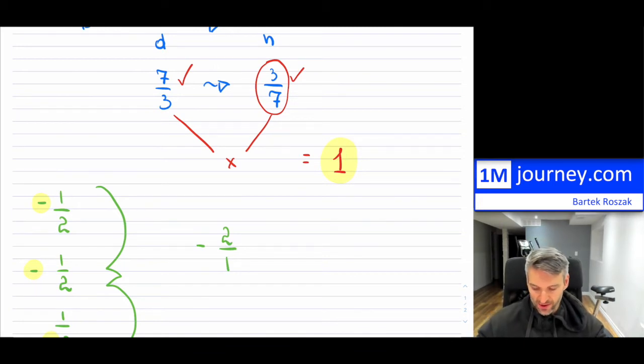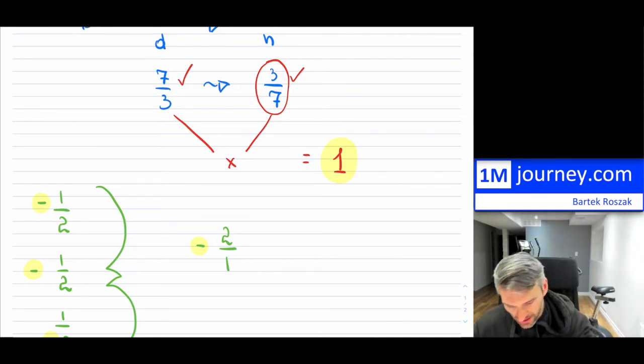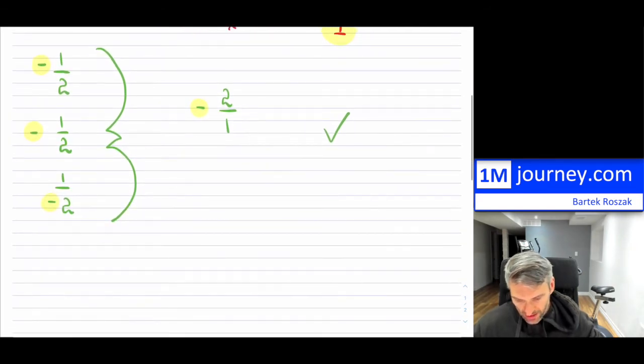So that's why the reciprocal will actually be negative if the original one was negative. So reciprocals are going to be positive if the original fraction is positive. They're going to be negative if the original fraction is negative. All right, so that's one thing that I wanted to point out and get out of the way for negative reciprocals. So now what else can happen?